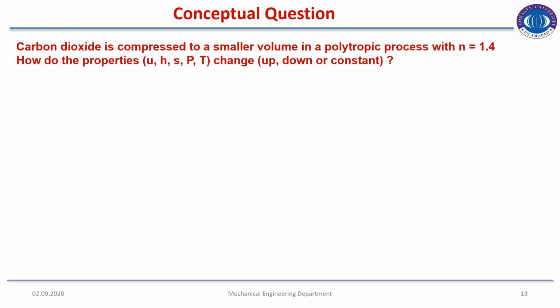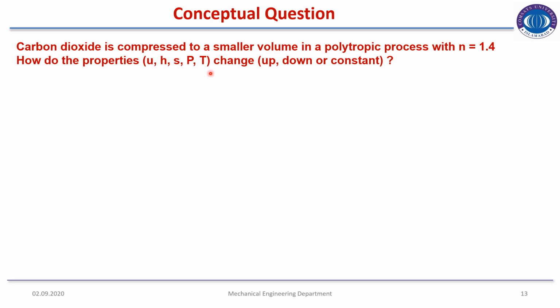The second conceptual question is: carbon dioxide is compressed to a smaller volume in a polytropic process with n equal to 1.4. How do the properties internal energy, specific enthalpy, specific entropy, pressure and temperature change? These are 5 properties.